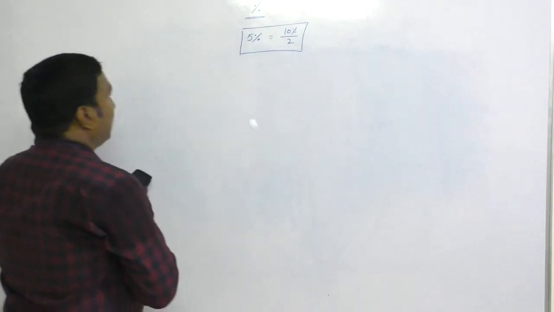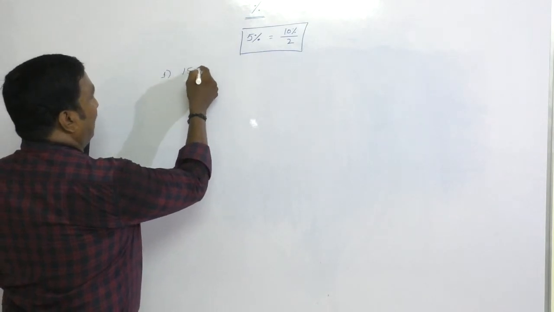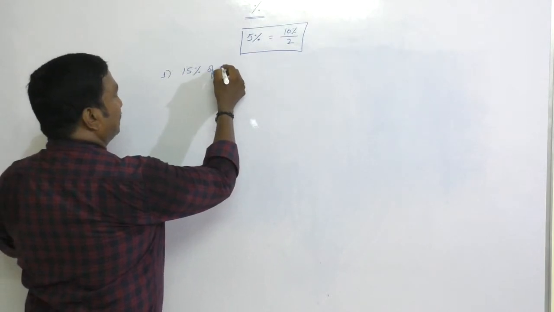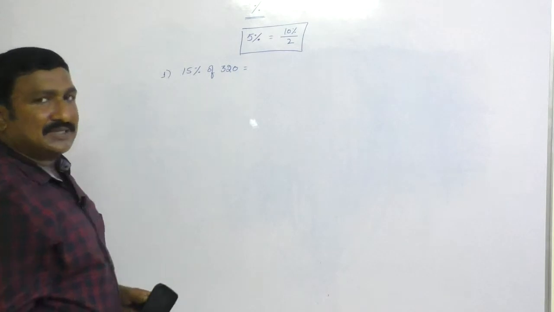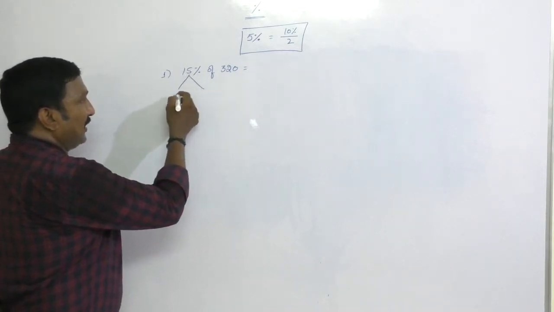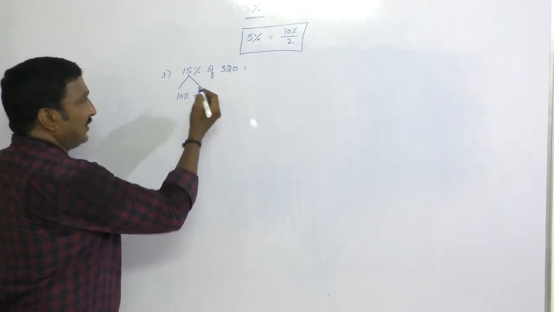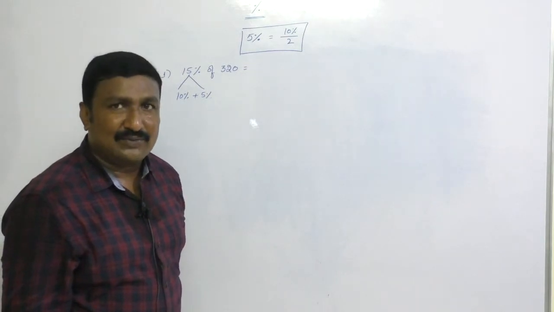So suppose if I want to calculate 15% of 320. So how to calculate 15% of 320? This 15% can be calculated as 10% plus 5%. Okay now friends, 15% is nothing but 10% plus 5%.